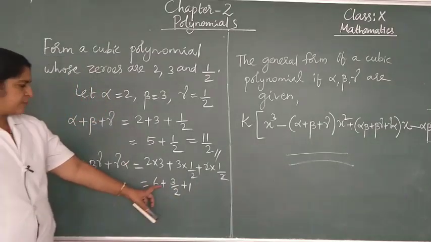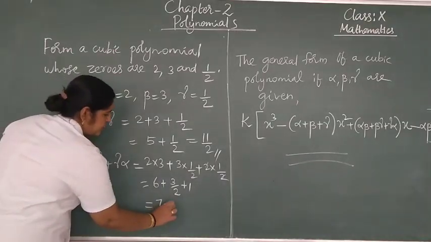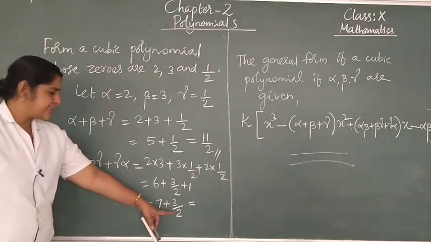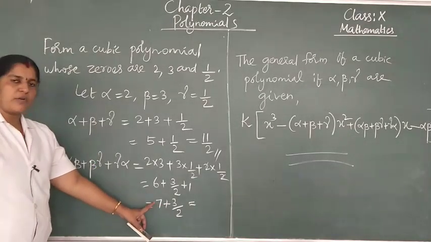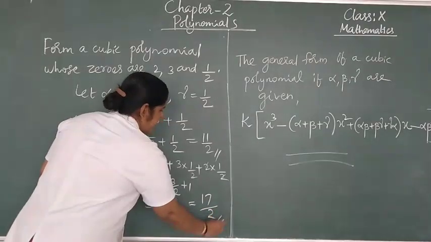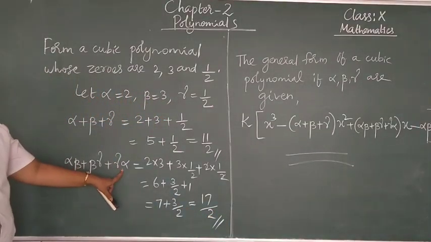Now 6 plus 1 we can combine, it is 7. So 7 plus 3 by 2. What is 7 plus 3 by 2? Take the LCM. So 2 into 7, 14 plus 3, 17. So 17 by 2 is the value of alpha beta plus beta gamma plus gamma alpha.